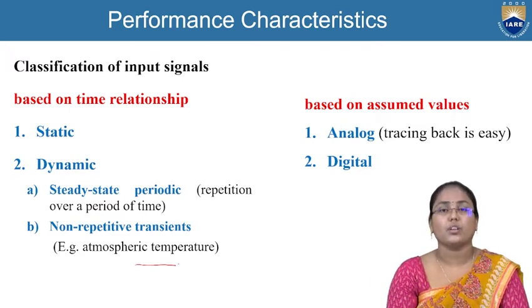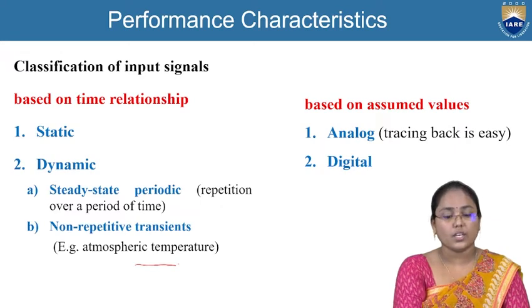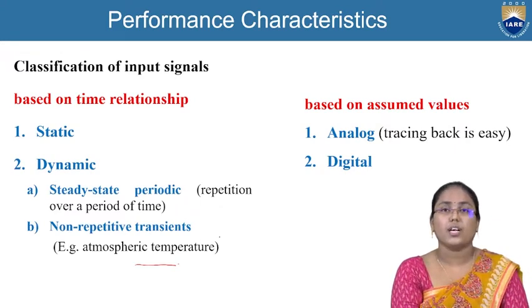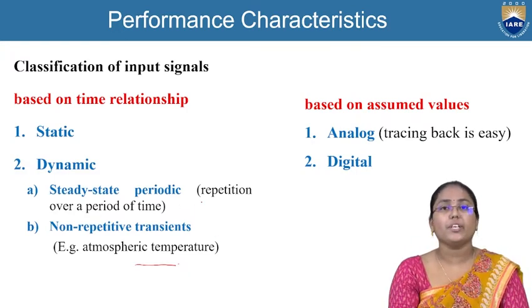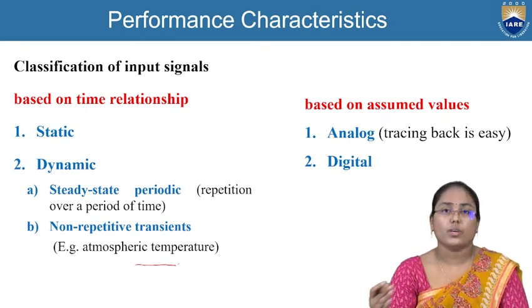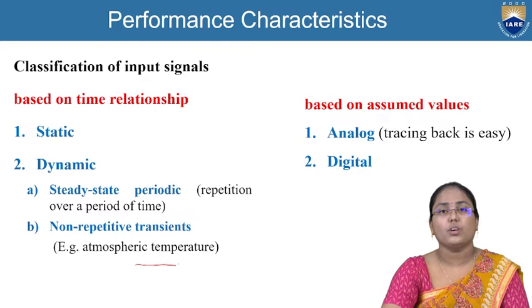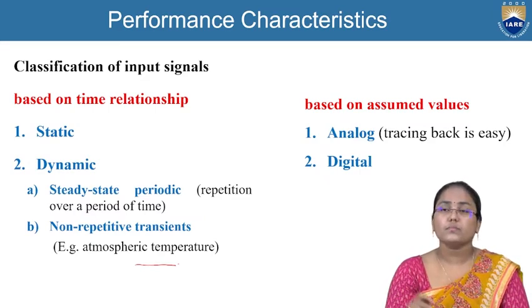Steady state periodic means it can be repetitive over time, and non-repetitive transient means there won't be any repetition in the outputs you are measuring with your instrument.